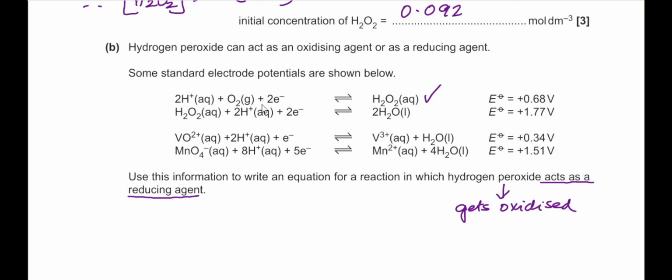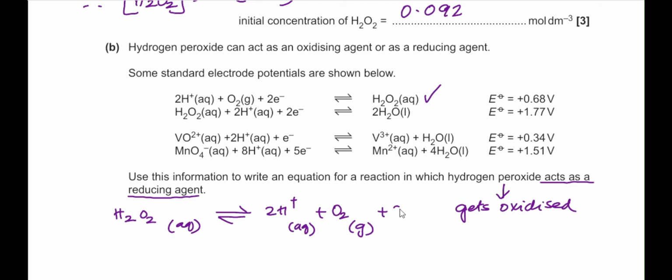So we need to reverse this and write it as H2O2 aqueous gives 2H positive aqueous plus O2 gaseous plus 2 electrons. Now this is written as an oxidation reaction.